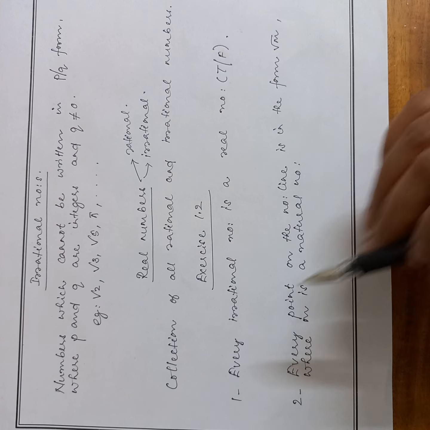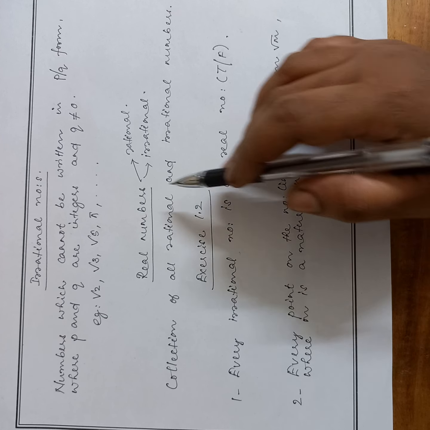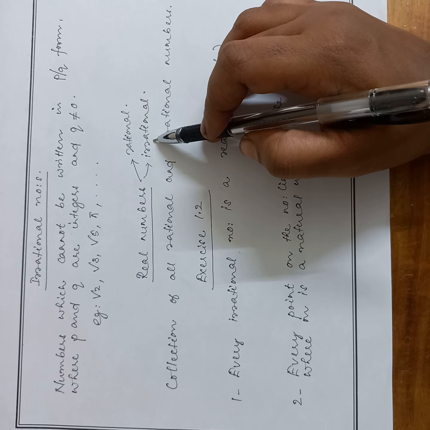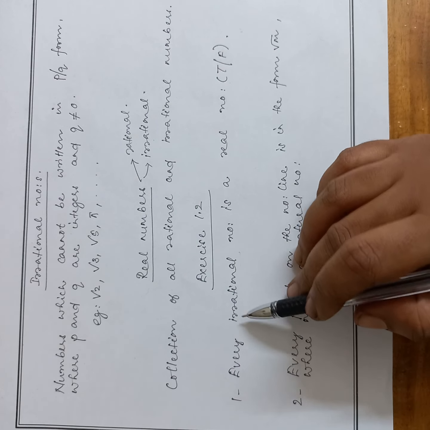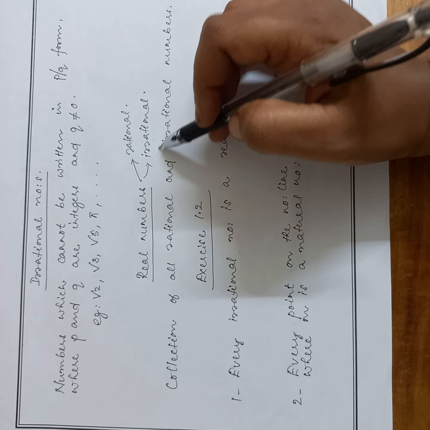Irrational numbers are numbers which cannot be written in p by q form. We have already stated that a real number is a combination of rational numbers and irrational numbers. So every irrational number is a real number. All irrational numbers are a part of the real number system.